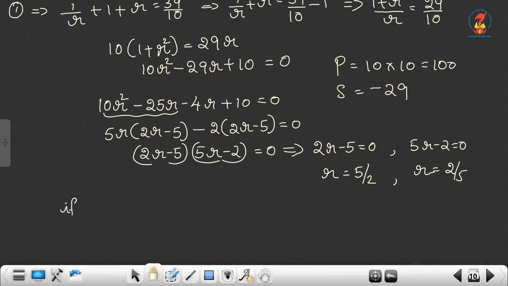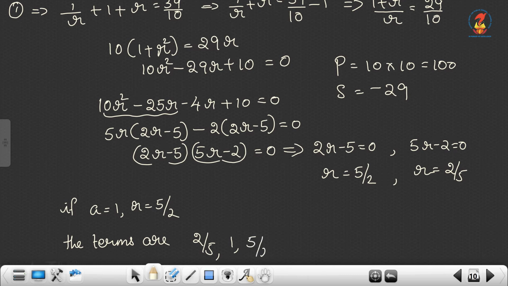So, if the A value is 1, A equal to 1 and R equal to 5 by 2, the terms are: the first term is A by R. So, 1 by 5 by 2, that is 2 by 5. Then A, that is 1. Then AR, 1 into 5 by 2, that is 5 by 2.